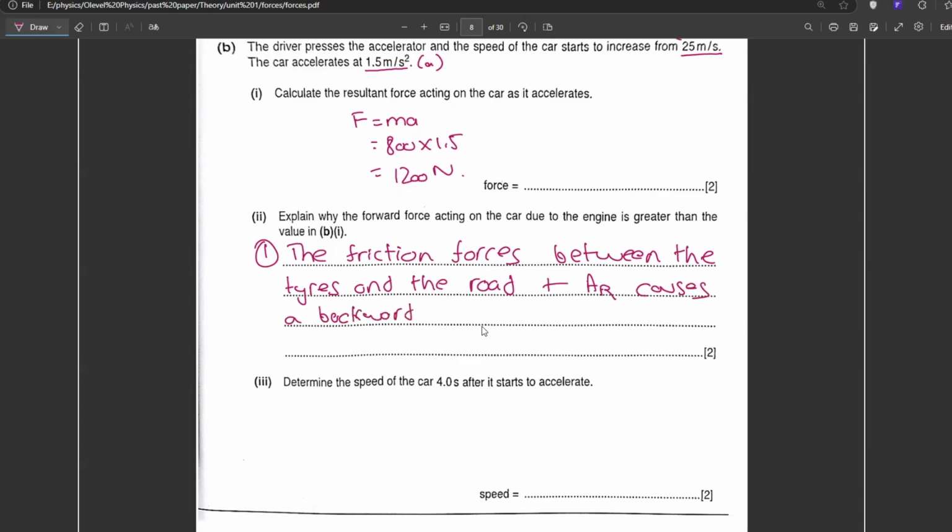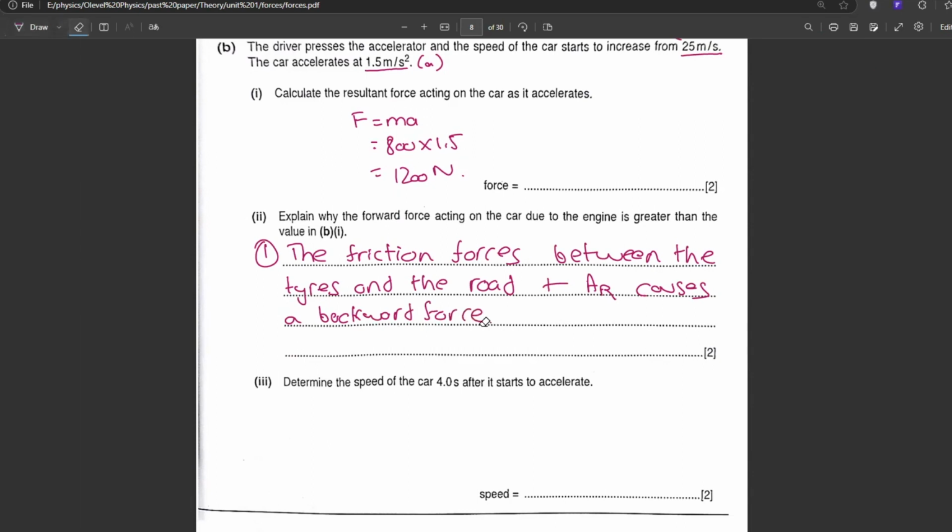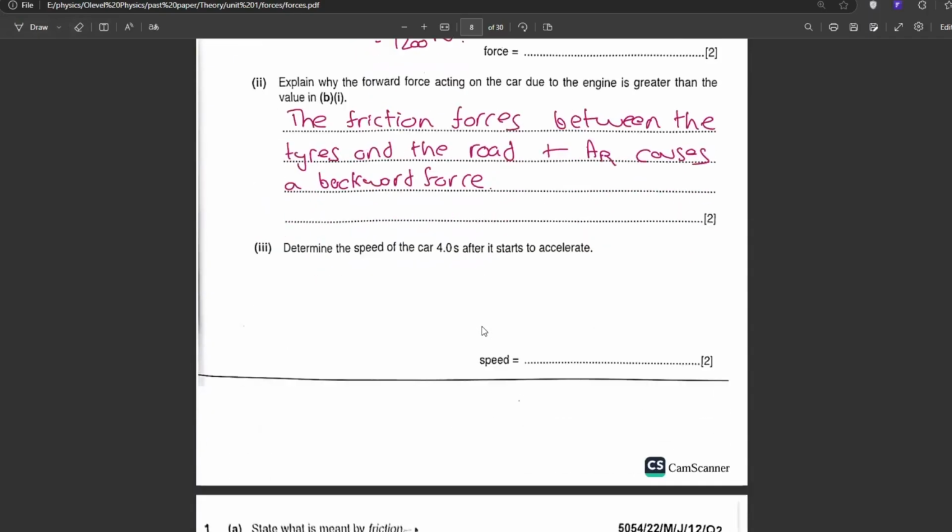And if there is a backward force, there must be an even greater forward force to overcome that. Hence, we need a forward force that is greater than this 1200 value.